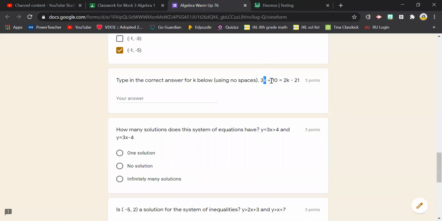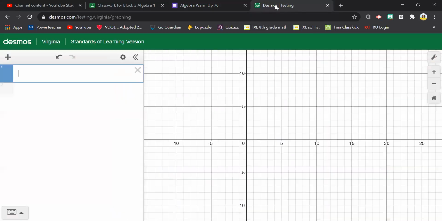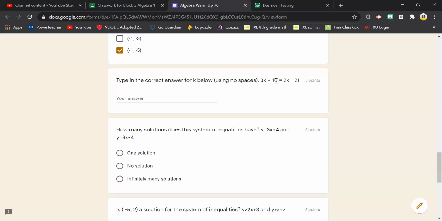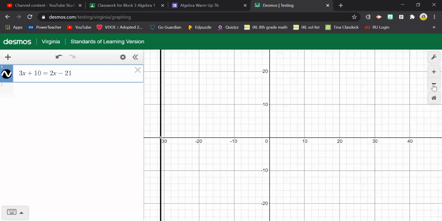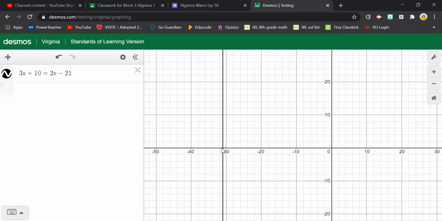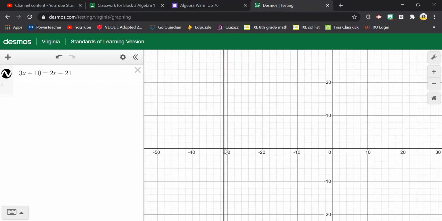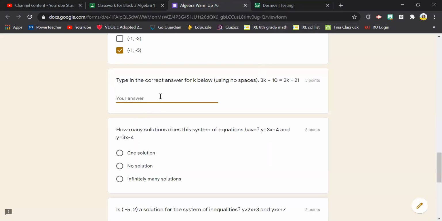So, I'm going to use X instead of K. So 3X plus 10 equals 2X minus 21. So if you see that, it doesn't look like it's anywhere. I'm going to zoom out. Right there it is. And that's at the ordered pair (-31, 0). So my X there is -31.